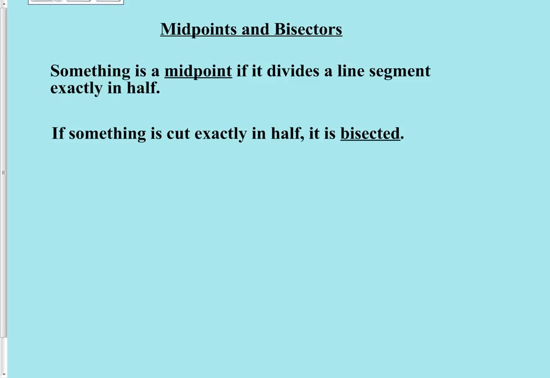That is bisected. So there's a little diagram, and you can see we have a large line segment JL, and we have a point K, which lives on line segment JL. On either side of point K, we have line segment JK on the left, line segment KL on the right, and one tick mark shows up on each of those two smaller line segments.